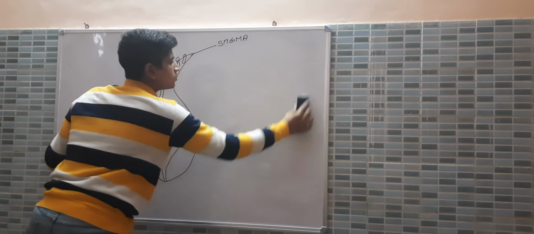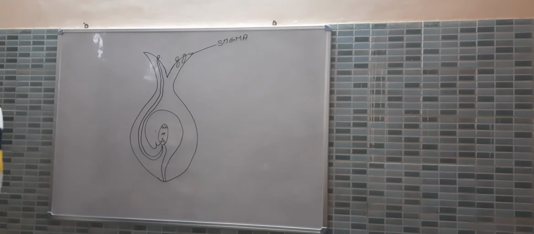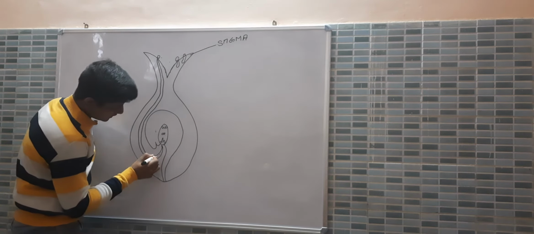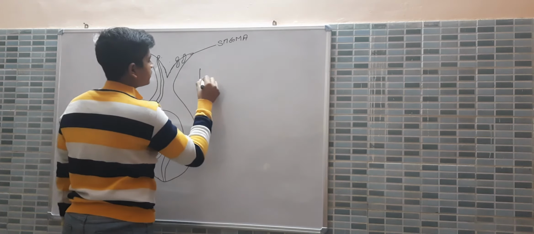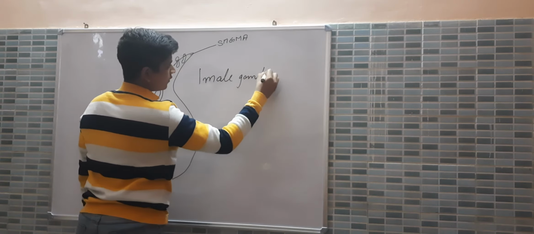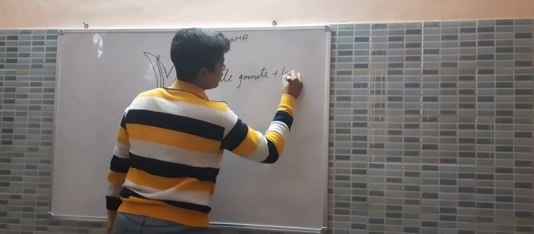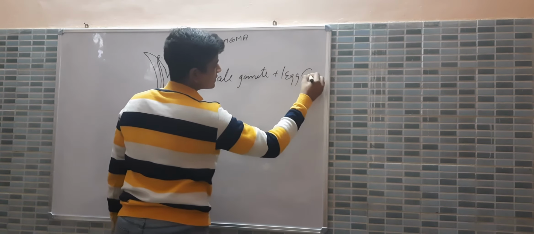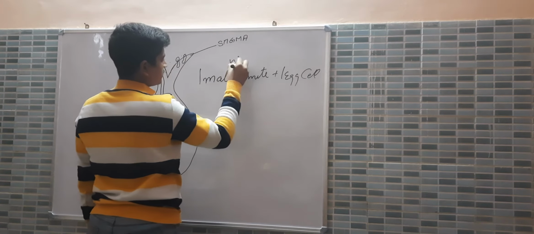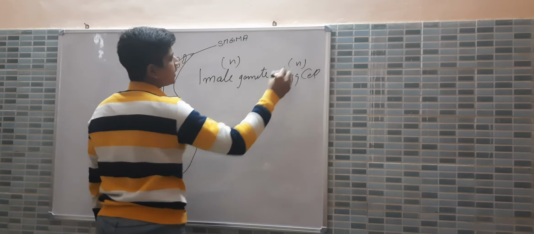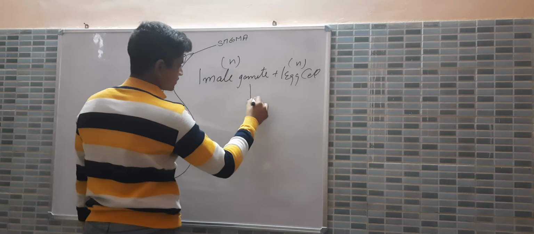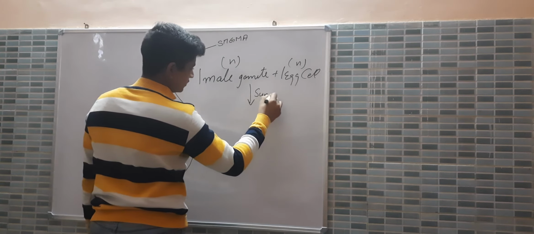So now we'll come to how this fertilization takes place. Here you can see that there are two male gametes, and when one male gamete, that is a haploid cell, combines with one egg cell, this process, N plus N, where these N define haploid cells, is called syngamy.